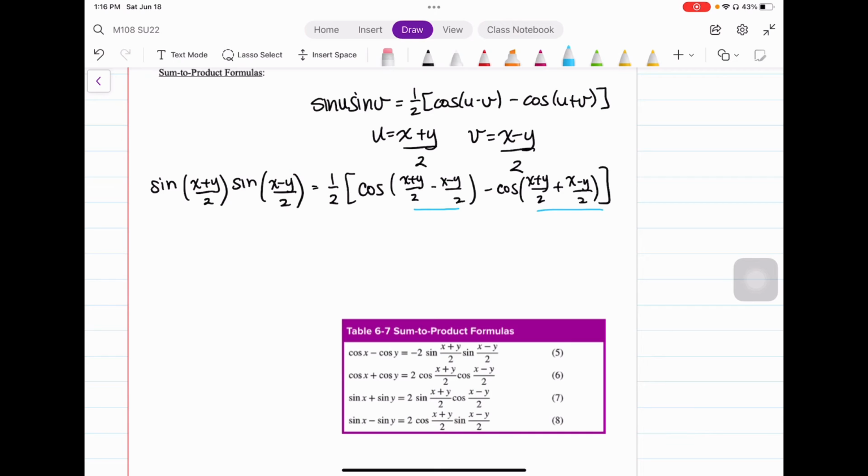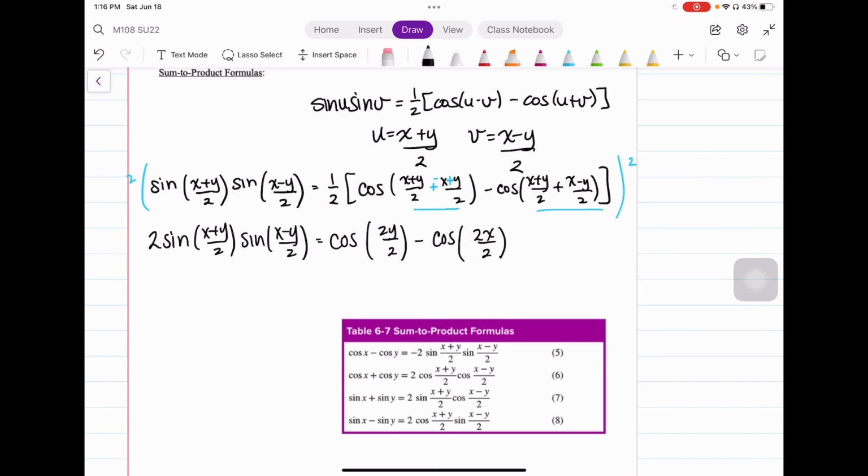And I need to distribute and make this a minus x and a plus y here. The first cosine expression, we have x minus x, which the x's go away then, and y plus y, which is 2y. In the second expression, we have x plus x, which is 2x, and then y minus y, which goes away.